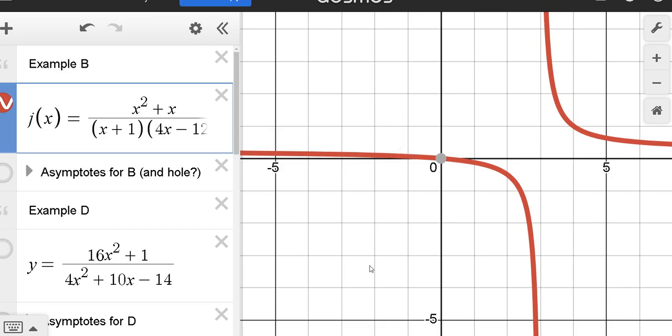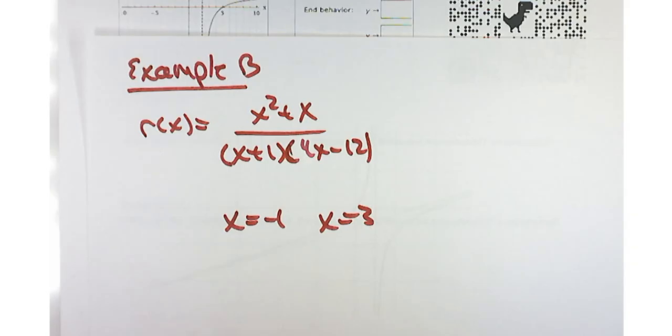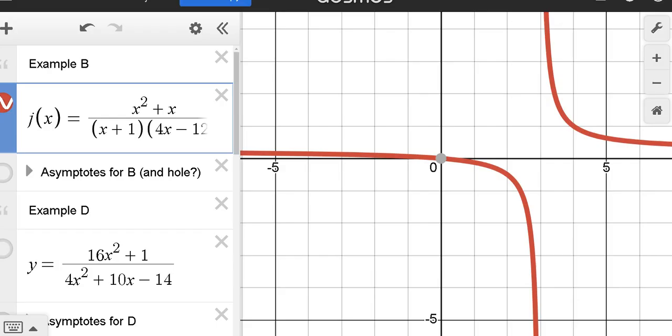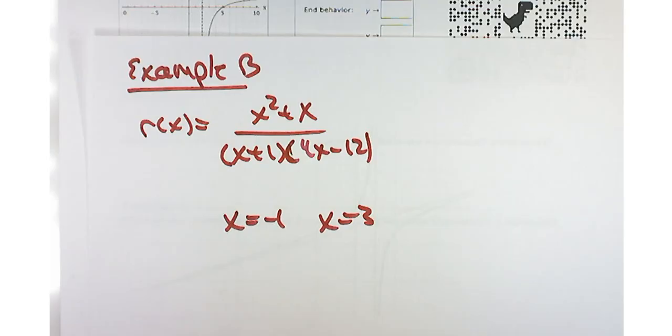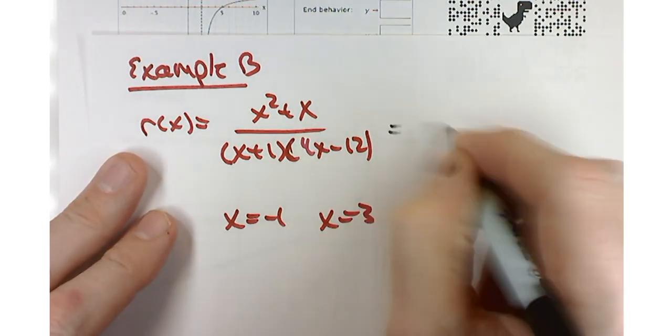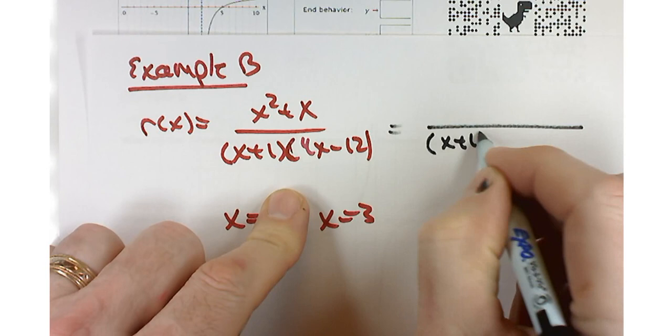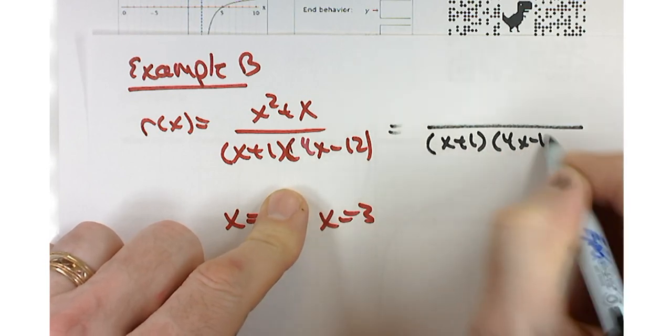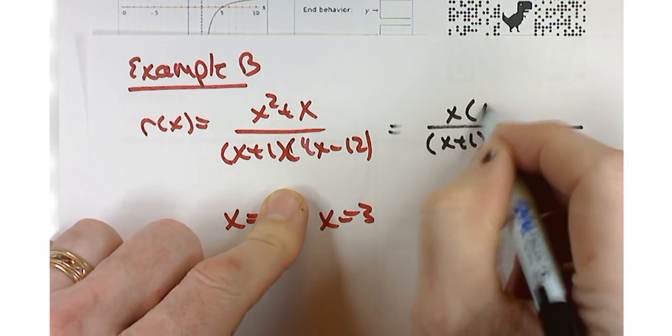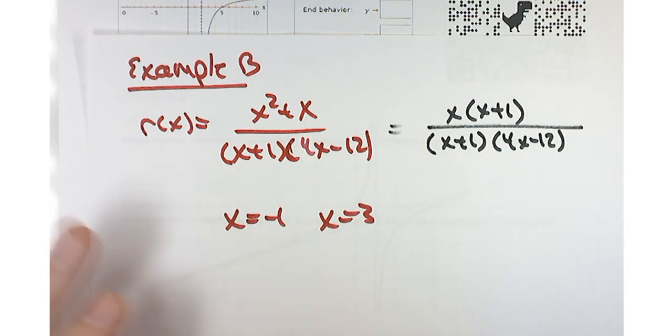What's going wrong? You can see what's going wrong if you look at this and factor the numerator. So how do I factor the numerator? Just take out an x. And it gives me x times x plus 1.